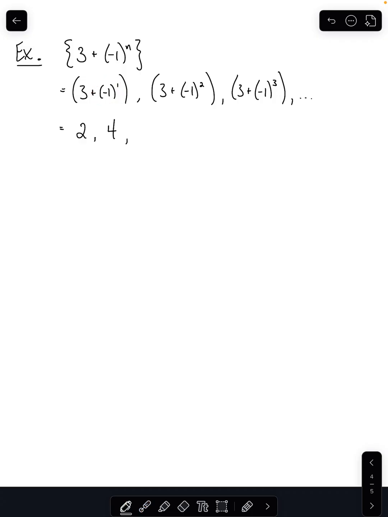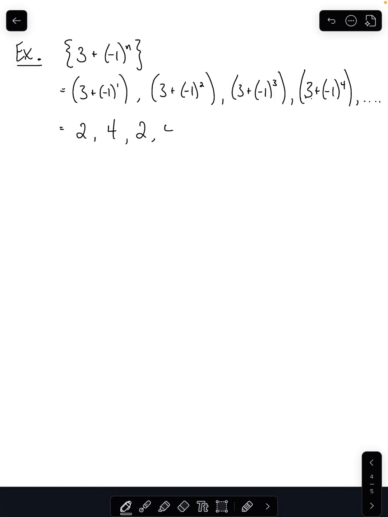So once again, we will end up with 3 plus -1 is 2. Then we would have 3 plus -1 to the fourth, where -1 to the fourth would give us +1, just as this would give us +1.